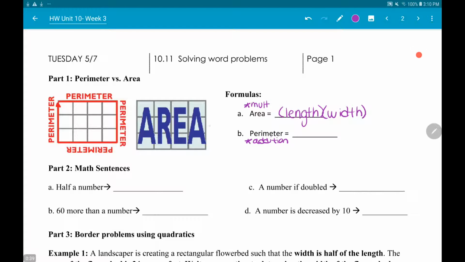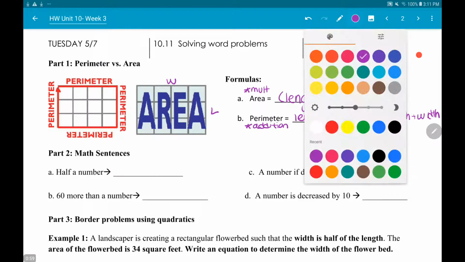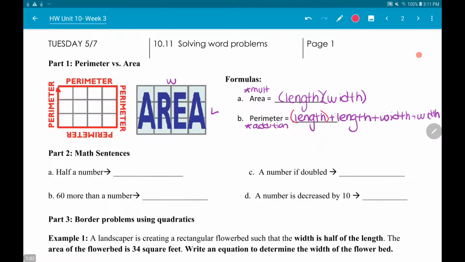So if I'm calling this the length and this the width, perimeter is the length plus the other length, because remember, opposite sides are the same, and the width plus the width. All right, so we are adding four sides for the perimeter, and for the area, we are only multiplying the two.